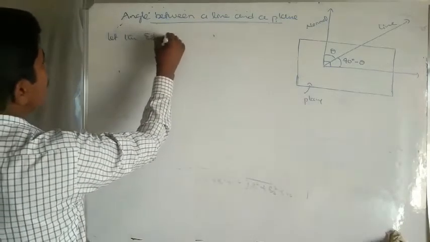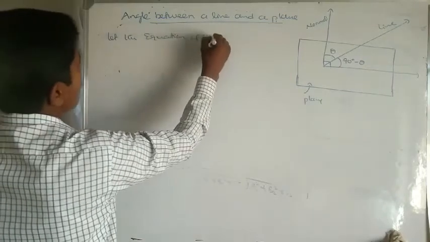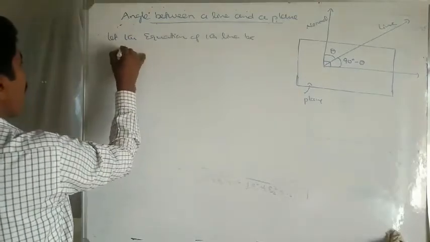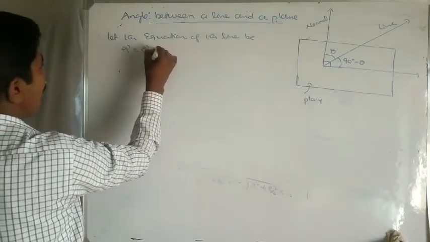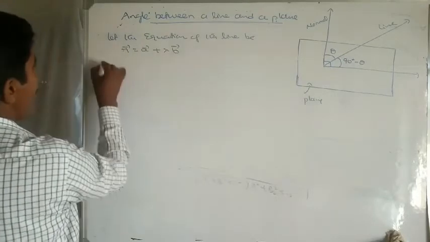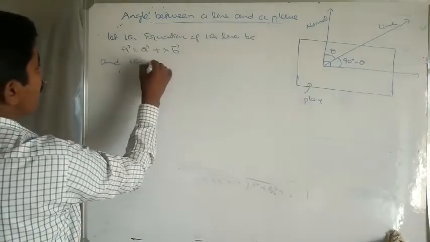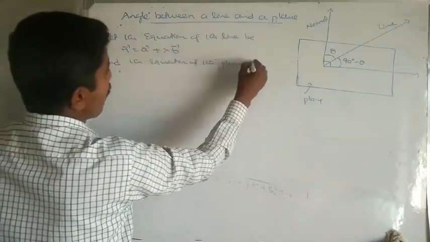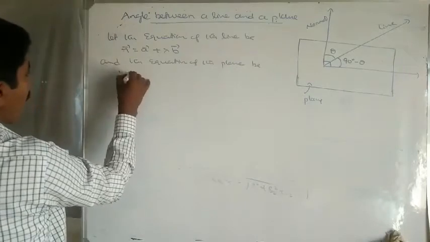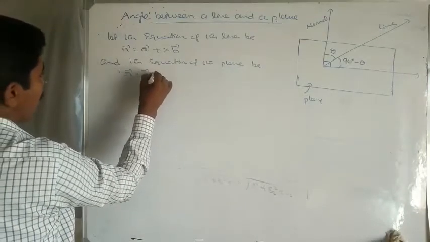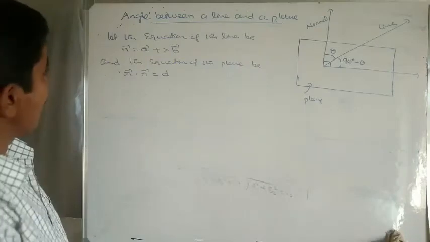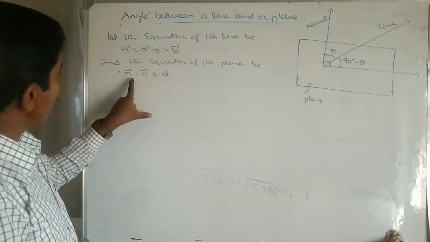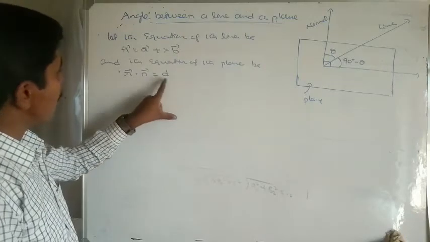Let the equation of the line be vector r equal to vector a plus lambda vector b, and the equation of the plane be vector r dot vector n is equal to d.